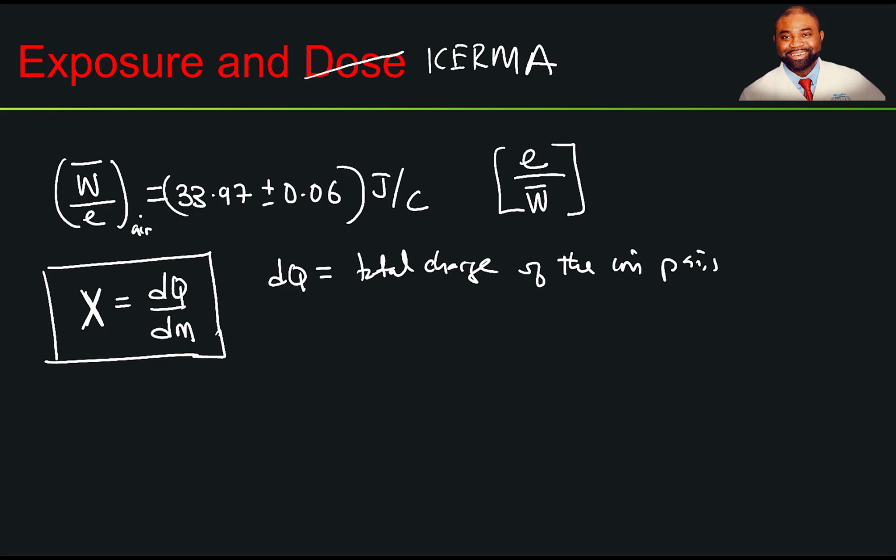But it is also interesting, given the definition of the work function, to note that exposure is simply the ionization charge produced per unit of the energy deposited by the photons in air. So the SI unit of exposure, if you look at this formula, is charge per kilogram.